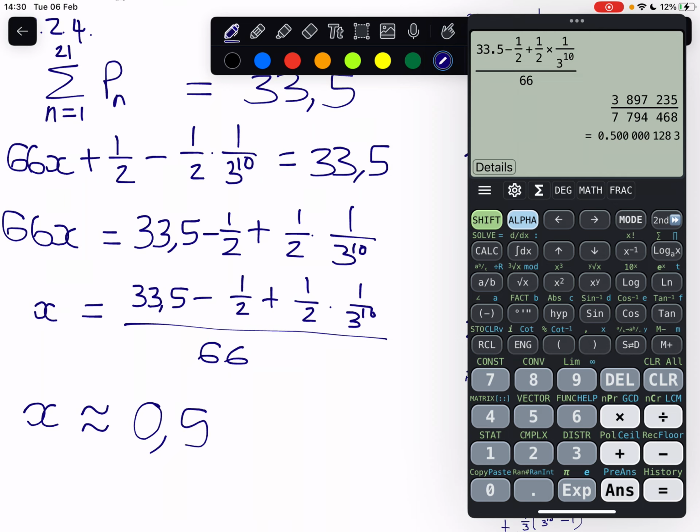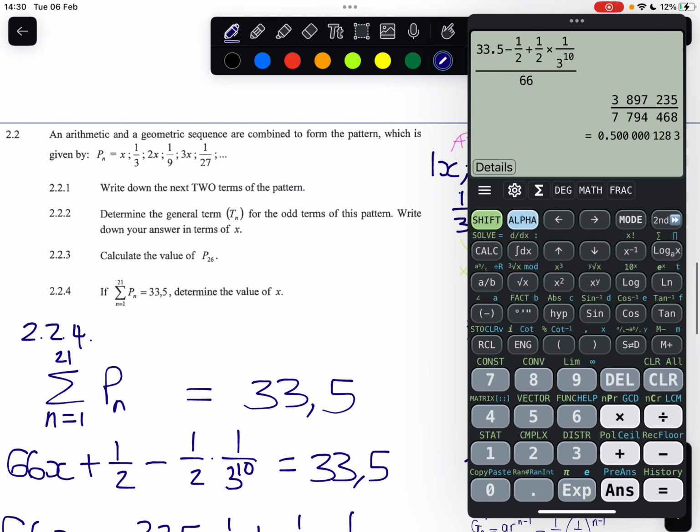And of course, if you wanted to check this, if you had a bit of time in your exam, you would then go right ahead and pop that little x into the sequence you were given, work out what the first 21 terms are, and then see if they do add up to 33 and a half.